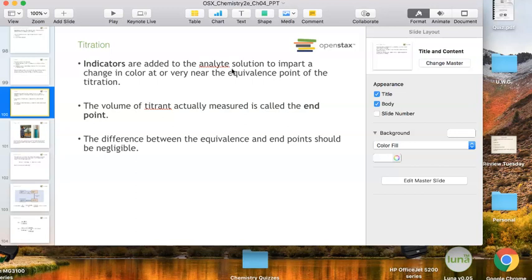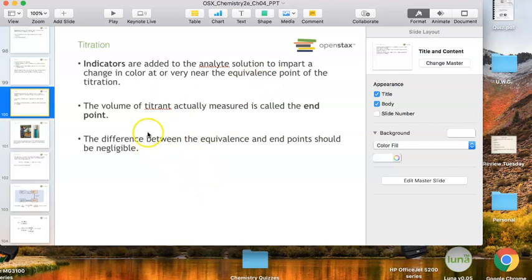There are other indicators that will turn different colors at different pHs, and so it depends on what reaction you're doing in order to figure out what indicator you need. So anyway, the indicator is going to impart a color change at or near the equivalence point of the titration. So it's going to turn a certain color when it has a certain pH value.